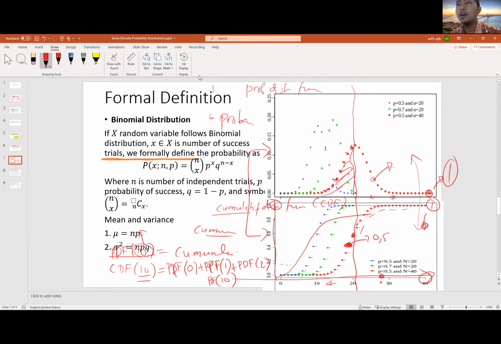Kalau gitu ngitung CDF dari atas sampai bawah boleh dong? Ya sebenarnya boleh, tapi konvensinya atau aturan yang sudah disepakati, CDF itu menghitungnya dari bawah sampai dengan nilai paling atas yang diberikan. That's the point.